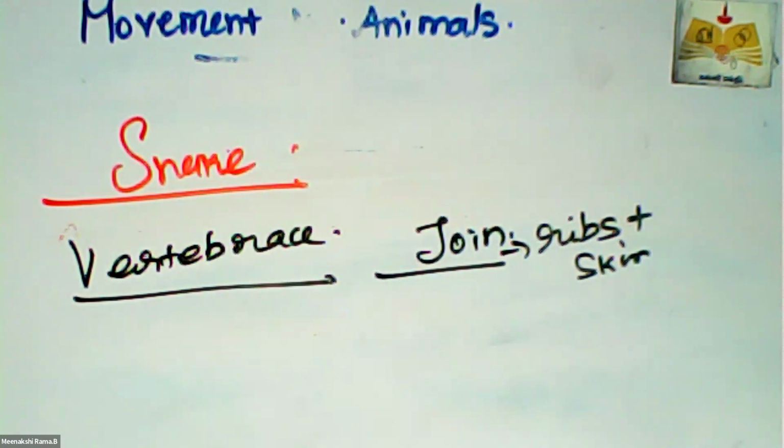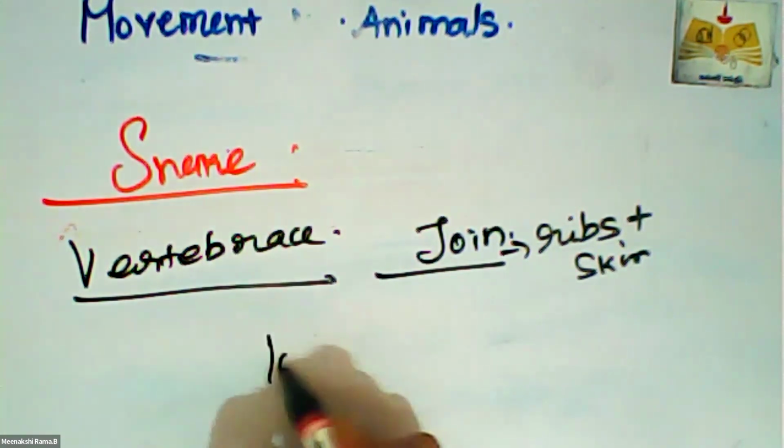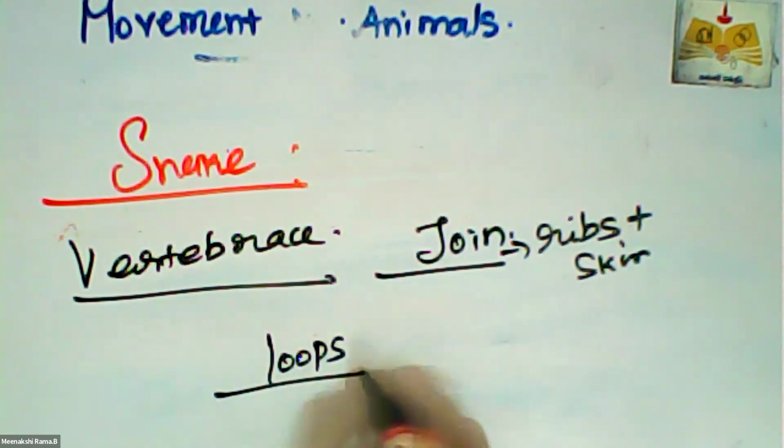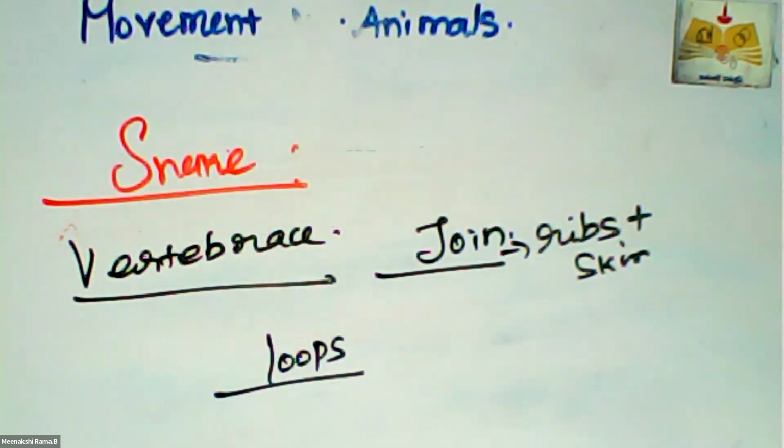The snake's movement is that it makes many loops on its sides. The forward push of the loops against the surface makes the snake move forward. The movement of the snake is called slithering movement. What is the special term for that movement?